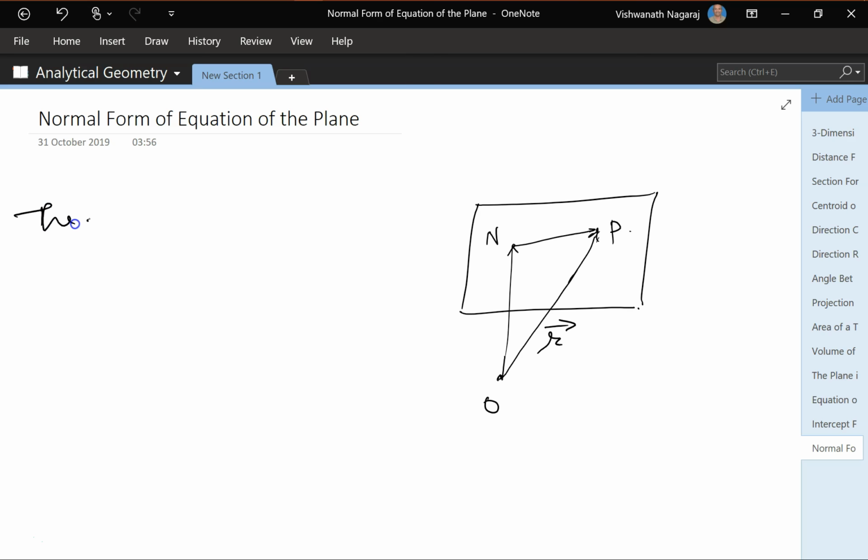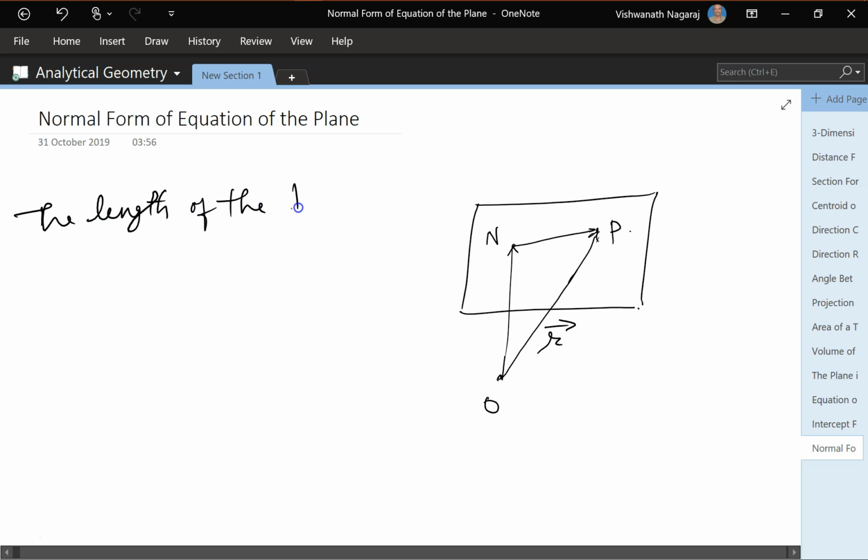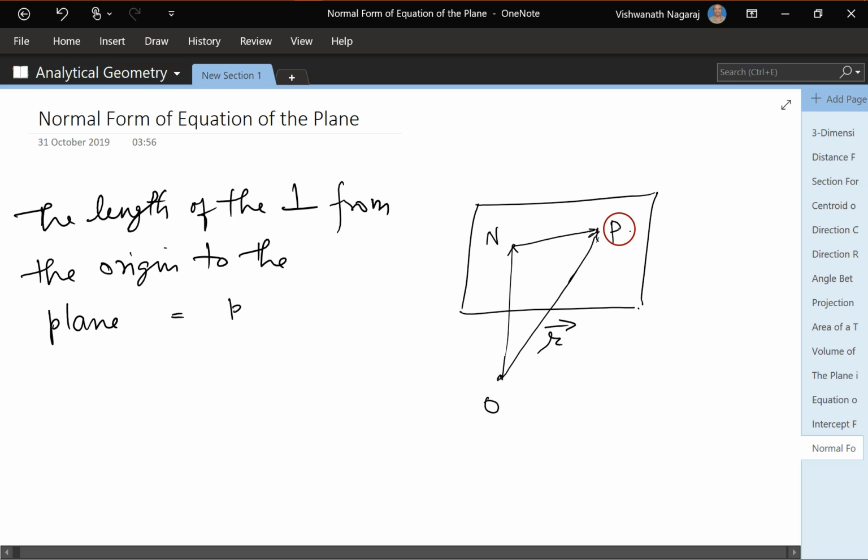Now the length of the perpendicular from the origin to the plane is, let's say, capital P, this is small case p. Let's say n cap is the unit vector along the perpendicular.